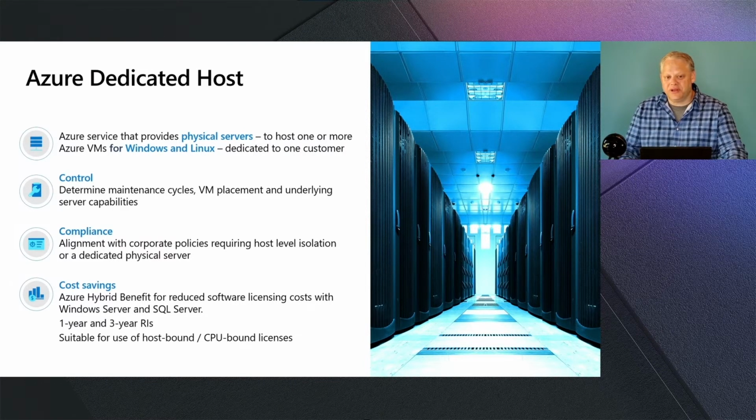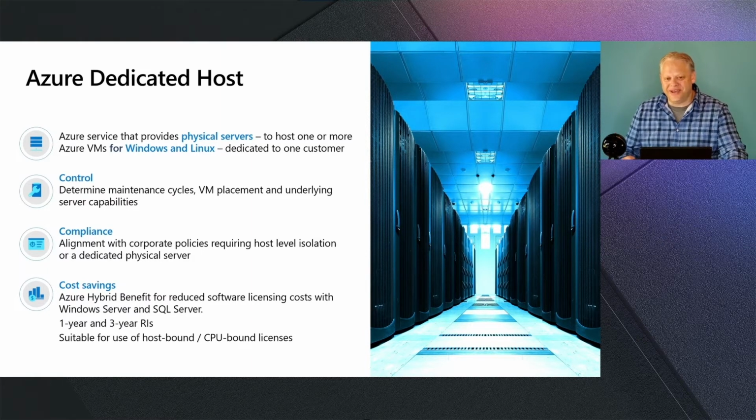For example, you also get additional compliance controls. Specifically, this hits for certain compliance requirements where machines are isolated on the physical server from other customers' virtual machines. Now, this is something that we see in some of the government regulations at different information classification levels.